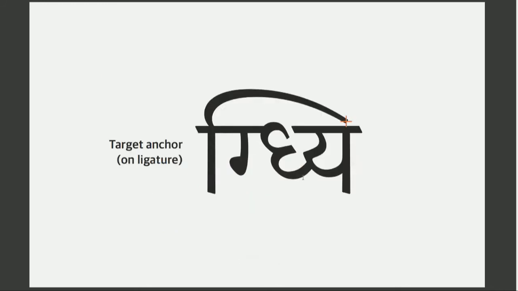So the obvious idea is a target anchor, something that we can put on the ligature, on the conjunct, that says, this is the target, this is where we want to reach for with the ikar design space. I've used the term anchor, which is familiar to you from OpenType GPOS, because I suspect what we need is a specific kind of anchor in GPOS.